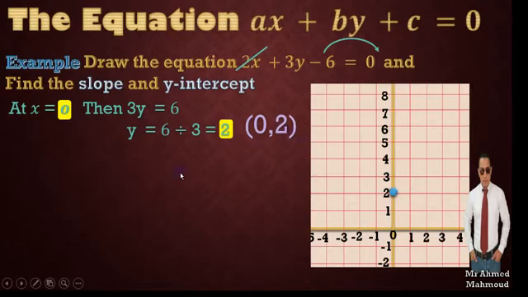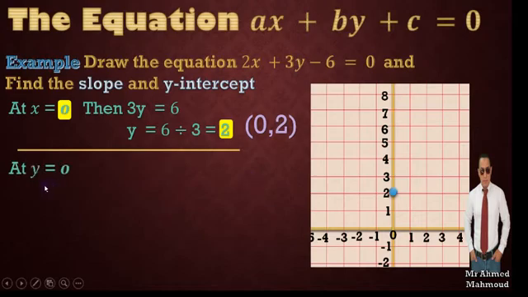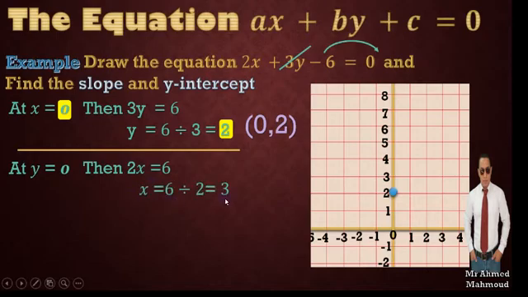Now I will make the opposite operation. How? I will put 0 in place of y. At y equals 0, we cancel y, and then we have the equation 2x minus 6 equals 0, so I will send minus 6 to the other side to be 2x equals positive 6, and then I send 2 to the other side to be 6 divided by 2, which is equal to 3.